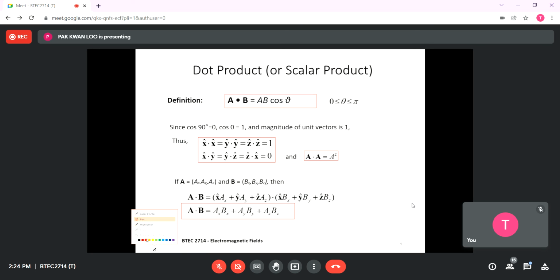So if I draw something here, I have a vector A, for example, and I have a vector B, and theta is the angle made between vector A and B. The definition of the dot product is A dot B equals magnitude of A, magnitude of B, cos theta.